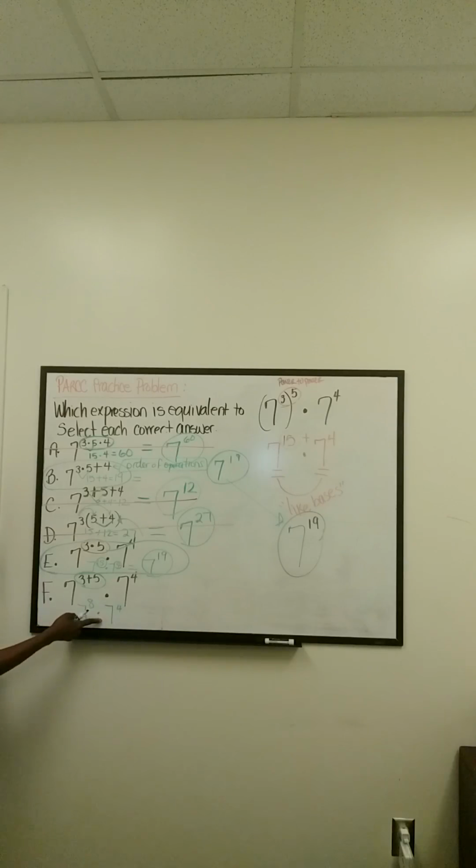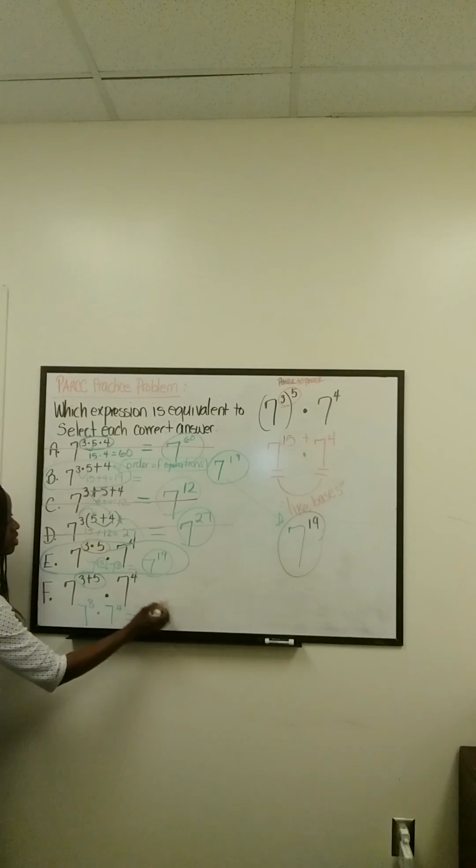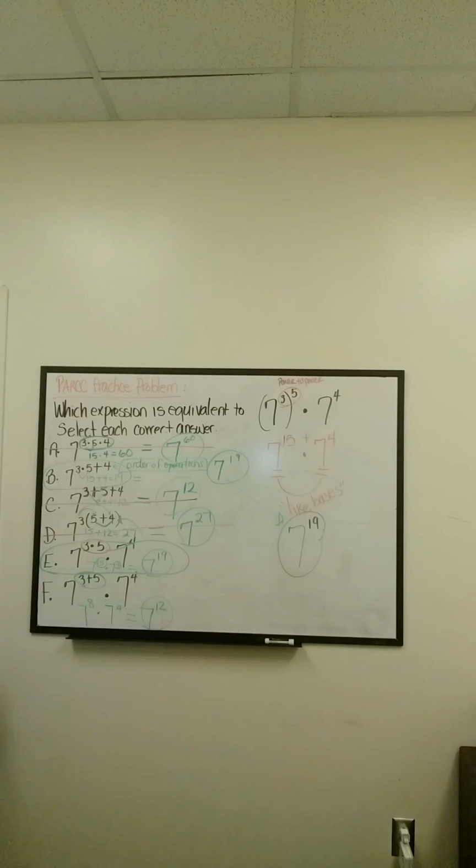When we see that one base is being multiplied by another base that's exactly the same, we know that we add the exponents. So in this case, we're going to add 8 and 4. We're going to get 12. So that gives us 7 to the 12th, which clearly is not the same as 7 to the 19th. So we eliminate that choice.